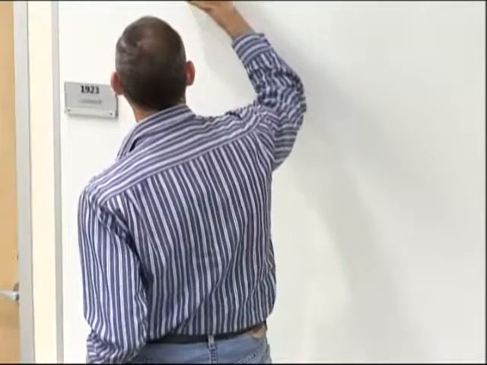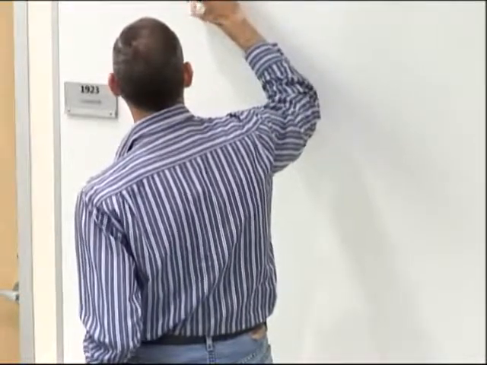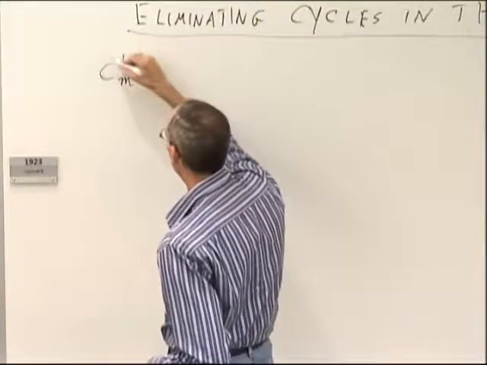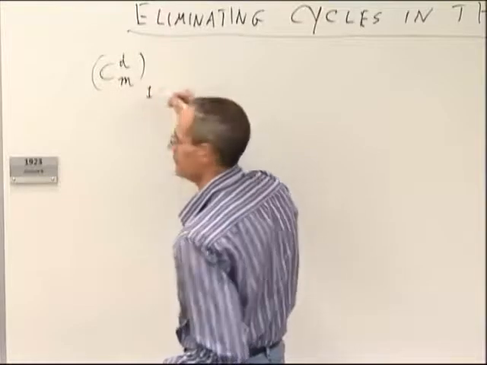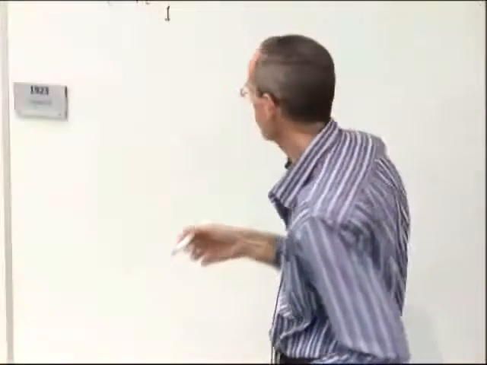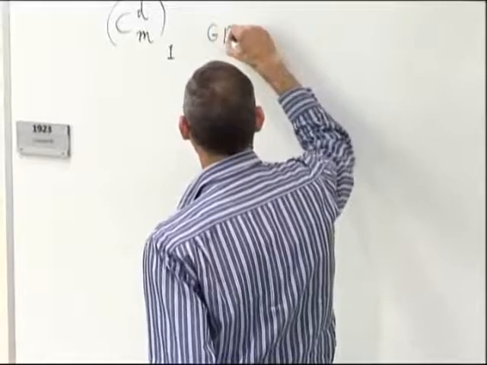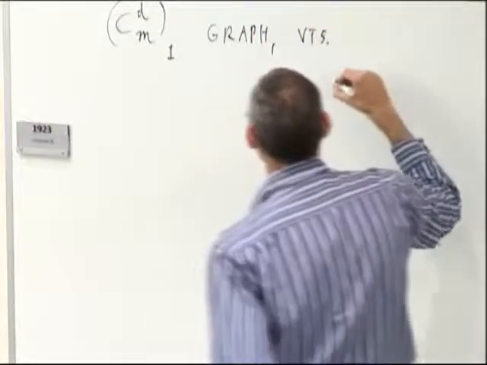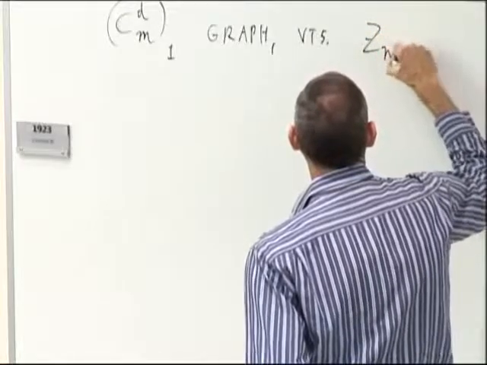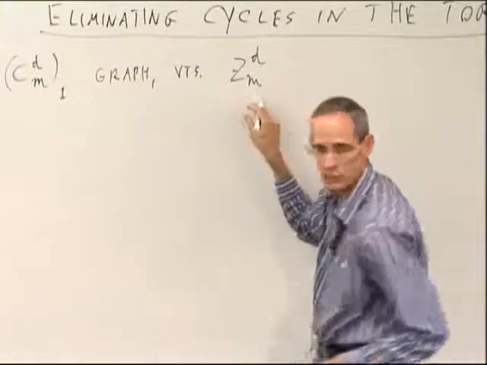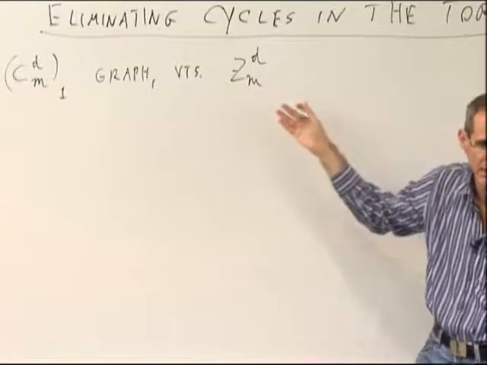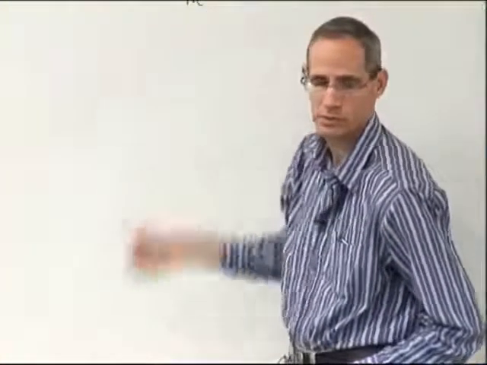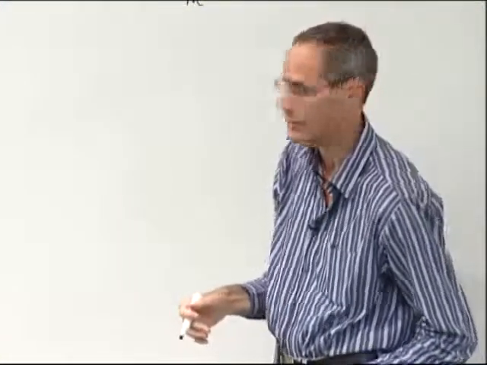So these are definitions or notations. C_m^d,1. So that's a notation for one graph. The vertices will be Z_m to the d, so sequences of length d of elements of the group of integers modulo m.